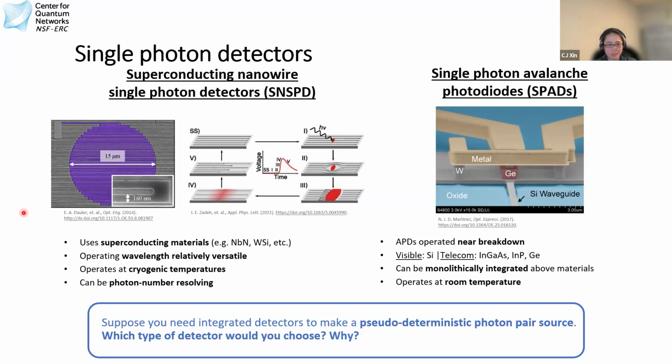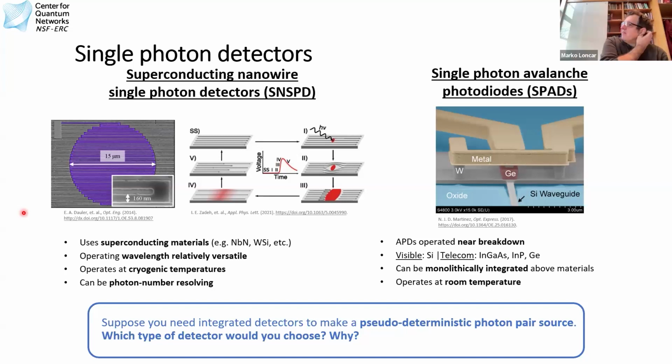So that's an interesting answer. And then SPAD, APD is one compared to SNSPD, which is cool. A little bit surprising to me, because I've only used SNSPDs and they're really nice compared to when I used SPADs in my undergrad.